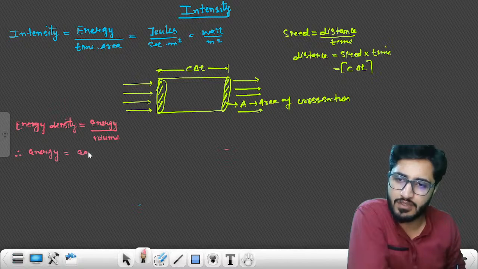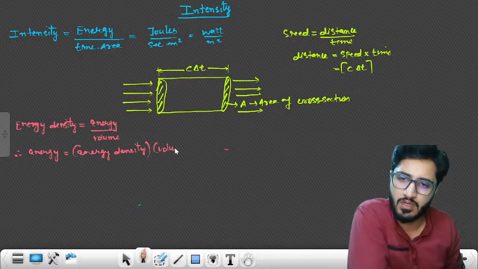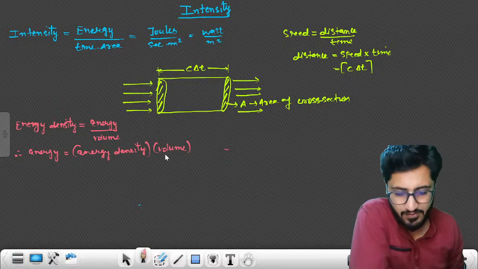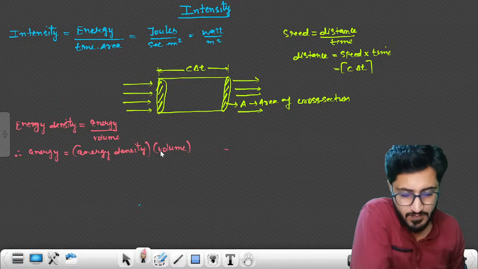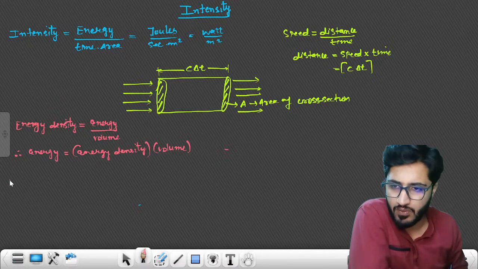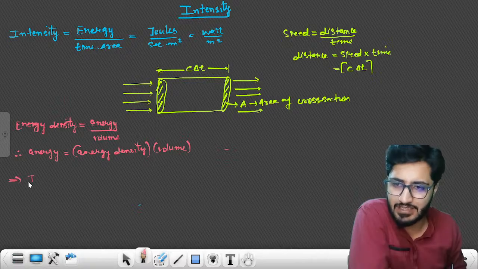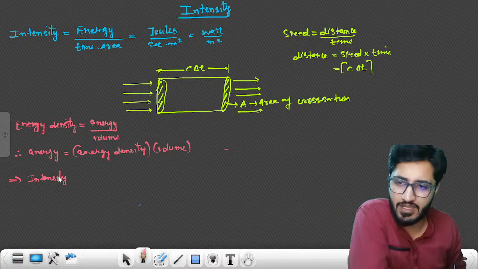Energy means energy density multiplied with the volume. Done? Now right here, what is intensity? Intensity is energy per unit time per unit area.